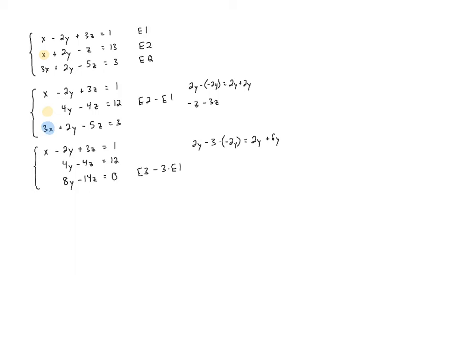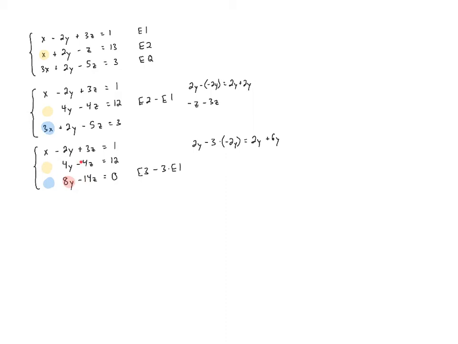And notice that we have 2 out of the 3 terms that we wanted to eliminate, eliminated. The last thing we need to do to get this into triangular form is eliminate this 8y term. Now, if we want to get rid of the 8y, we're not going to use the first equation, because if we involve this, then this x is going to be involved, and we're going to end up with an x again.